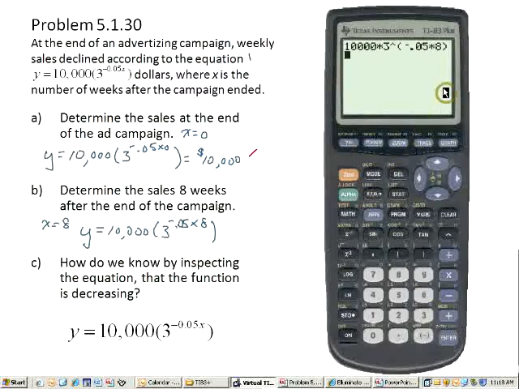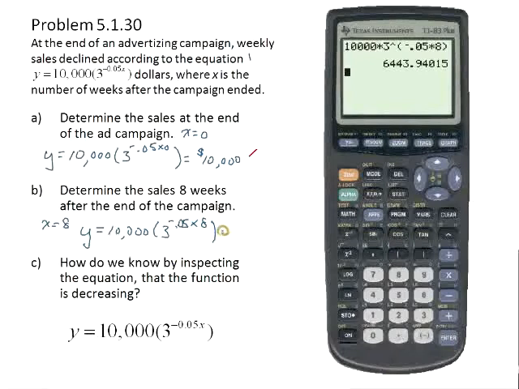You could have done this computation at the top here, previous to using the calculator, but this should give us our answer. In dollars, this turns out to be $6,443.94. Make sure my decimal is good here.